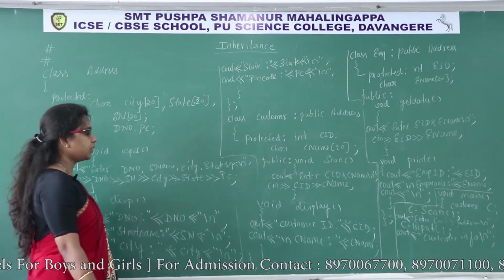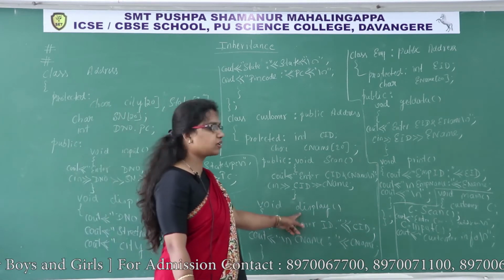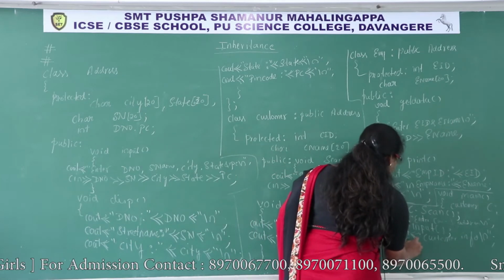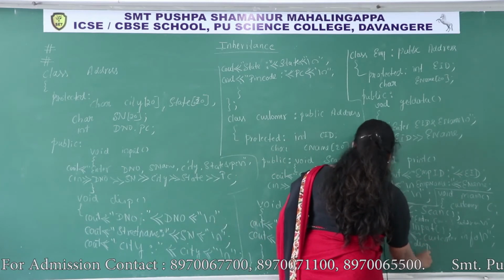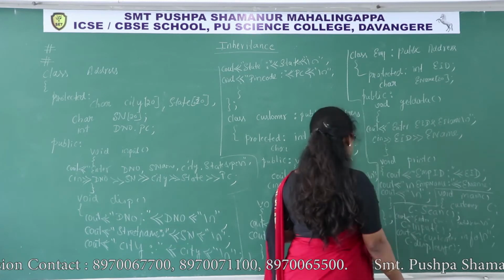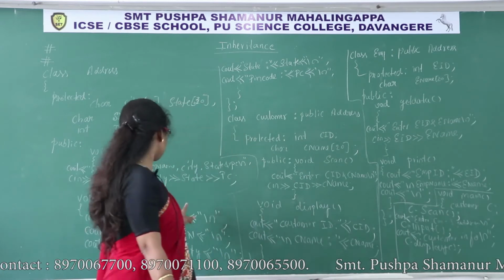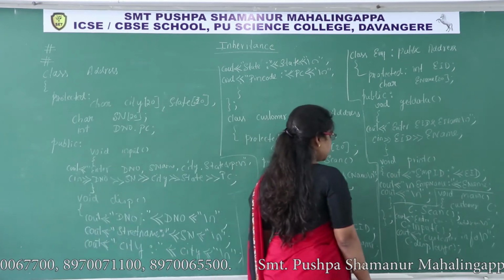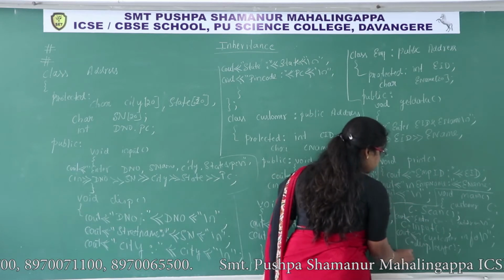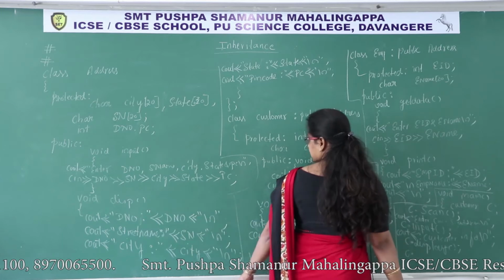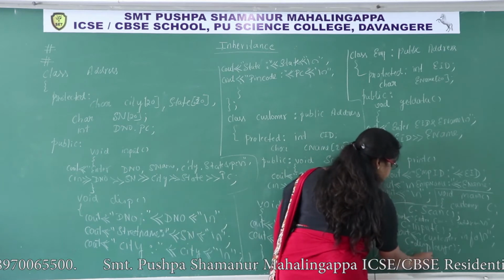To display customer ID and customer name, there is a function called display. So we must call this function, display open close semicolon. To display address, we have a function called disp. Whose address am I displaying here? The customer's address, so I must call that function using the object of class customer, c.disp.